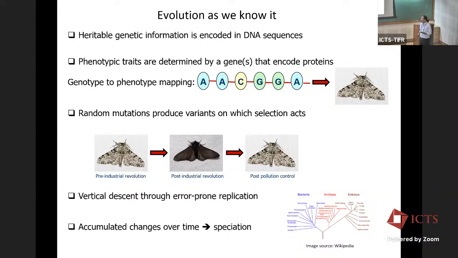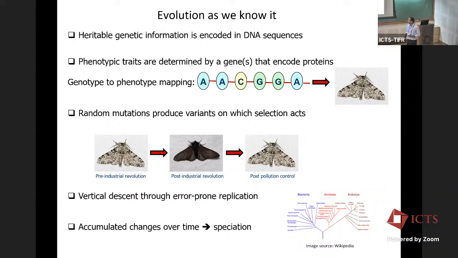We have heritable genetic information that is encoded in DNA sequences. Phenotypic traits are determined by genes that encode proteins, which assumes some sort of a genotype to phenotype mapping, as seen here, where a sequence of amino acids or nucleotides gives rise to the wing patterns on a peppered moth.